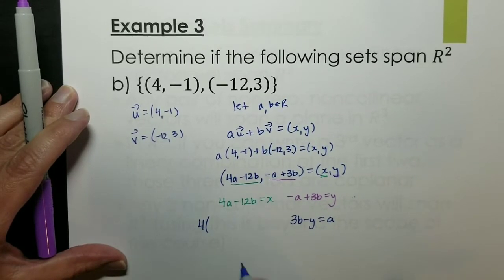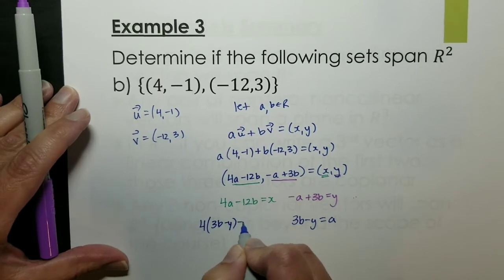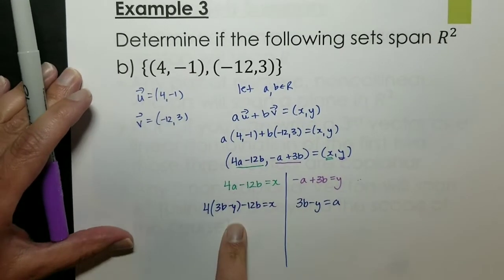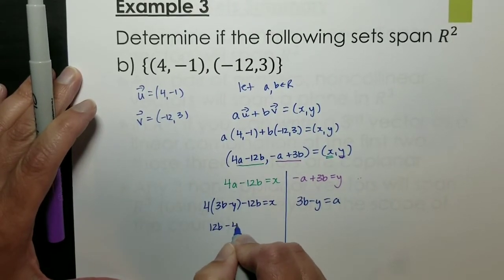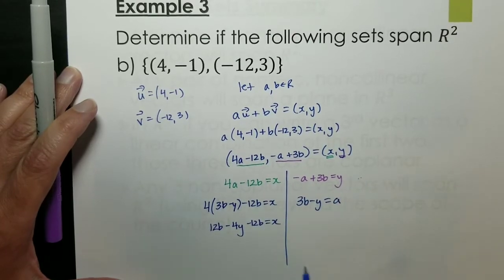So then 4 times 3B minus Y minus 12B equals X. So we're going to keep going and solve here. I get 12B minus 4Y minus 12B equals X.